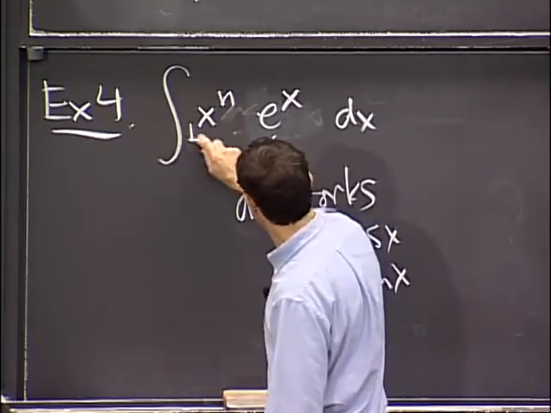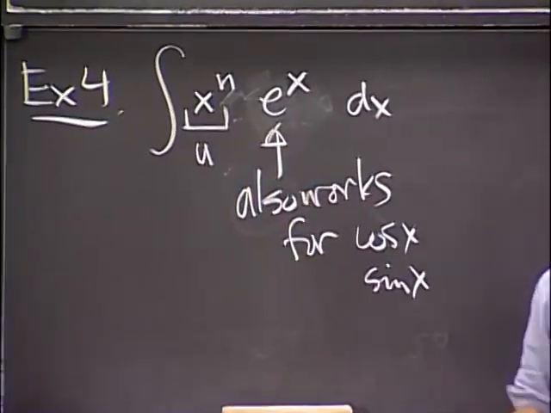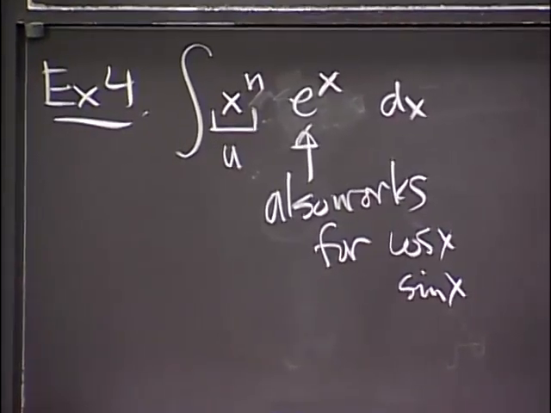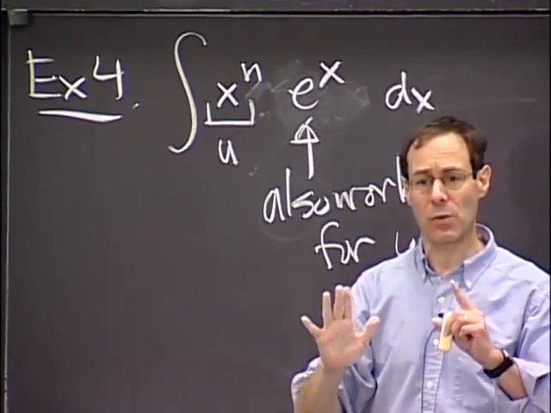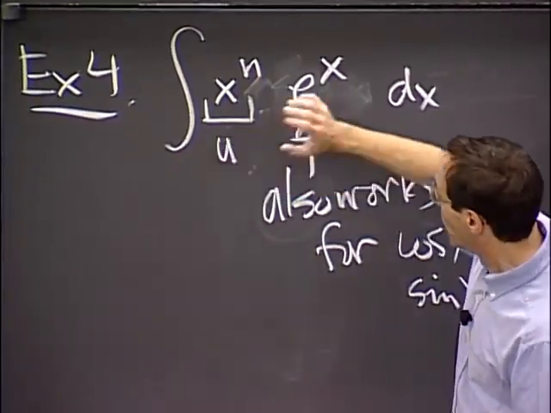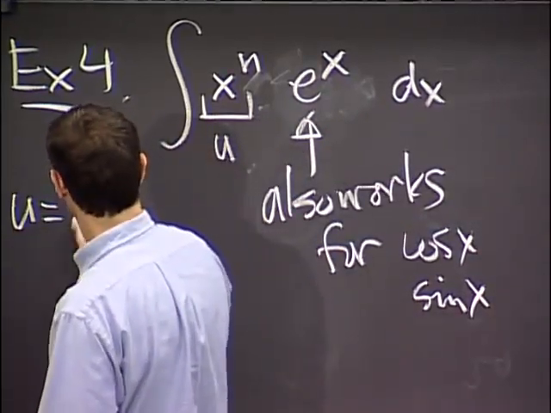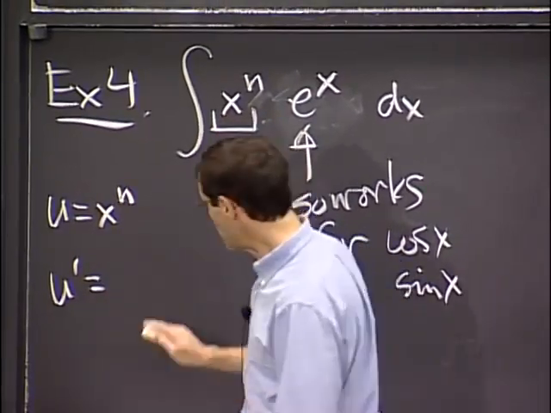And the trick here is to pick u to be this function here. And the reason is the following. It's very important to pick which function is the u and which function is the v. That's the only decision you have to make if you're going to apply integration by parts. When I pick this function as the u, the advantage that I have is that u prime is simpler. How is it simpler?